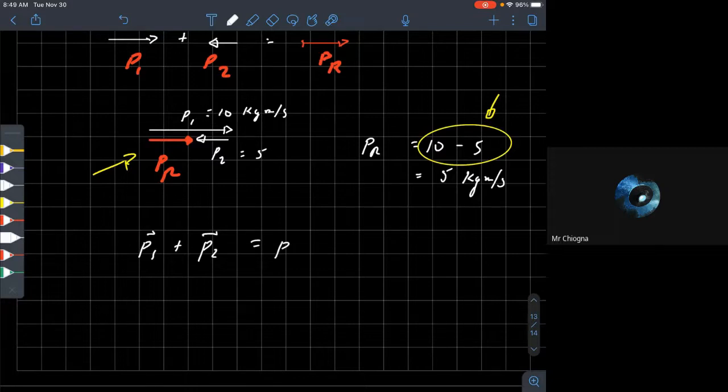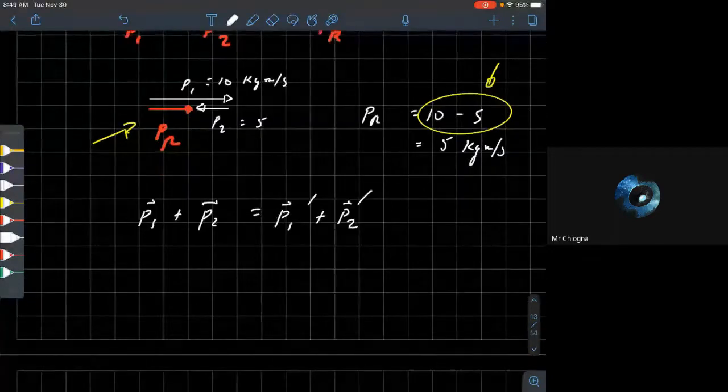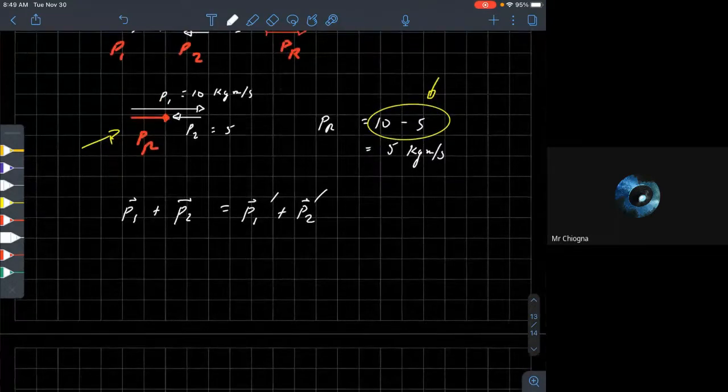This still holds true. It holds true in terms of adding arrows or vectors. So what's the first vector? The first one that's mentioned is moving south. So you draw it downwards.